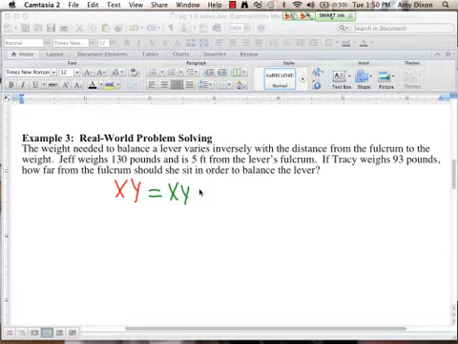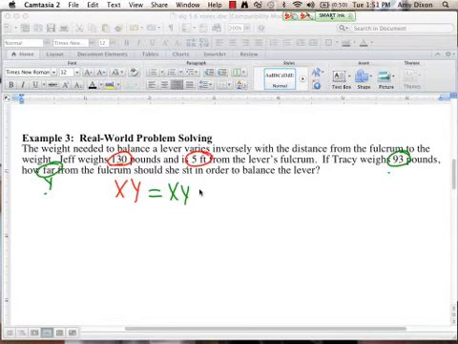For Jeff, we have 130 pounds and 5 feet. And then the other xy is Tracy at 93 pounds. How far is going to be our y here. So we have xy and xy. We're going to plug these in, and we should get an equation that equals out.